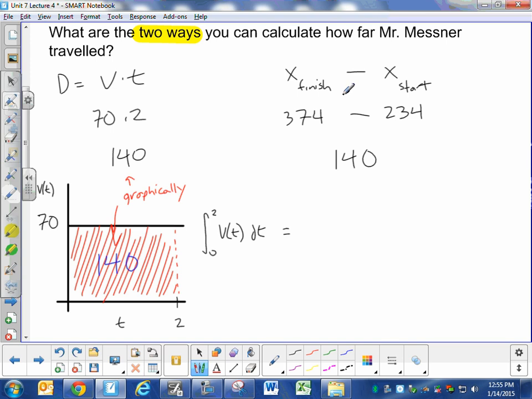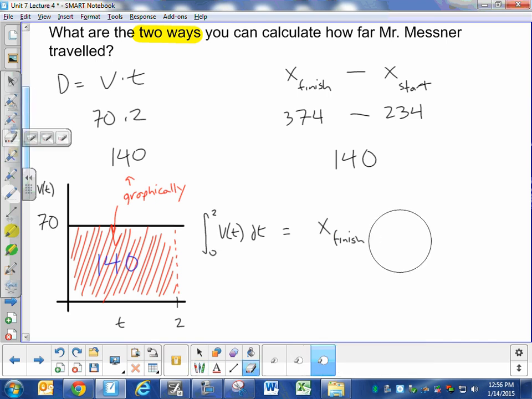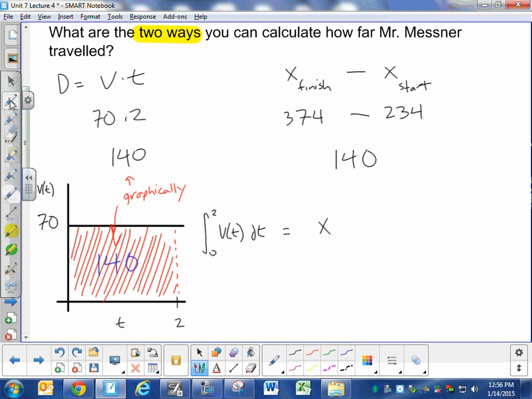So this area I also could have found by taking the position at time 2, after 2 hours, and subtracting my position at time 0.